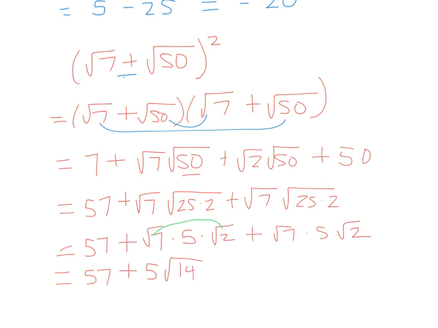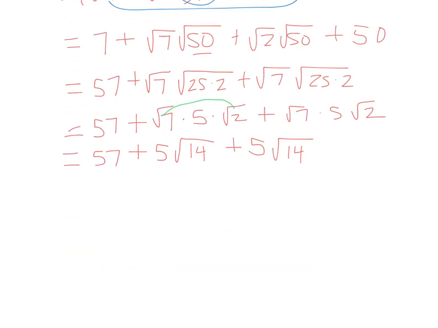Same thing for this other term. We have the 5 outside of the square root, multiplying the 7 and the 2, we get 14. And finally, because we have the same thing under the square root, we can combine those terms by adding those 5s. And we get plus 10 square root 14.